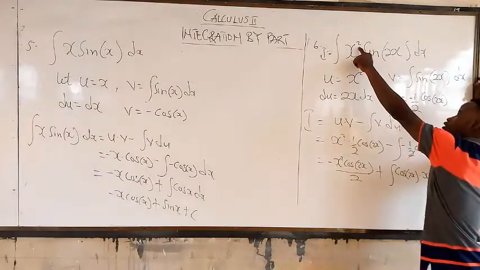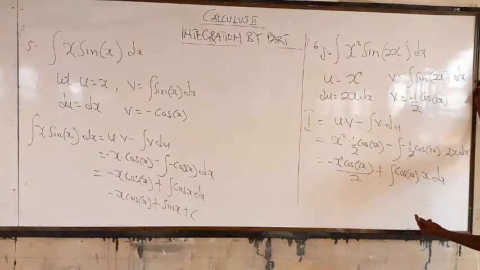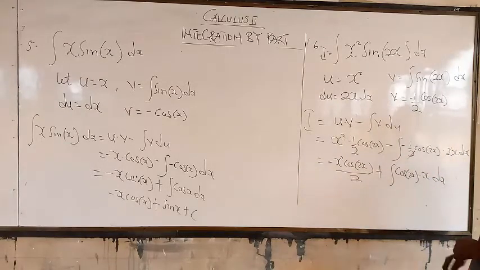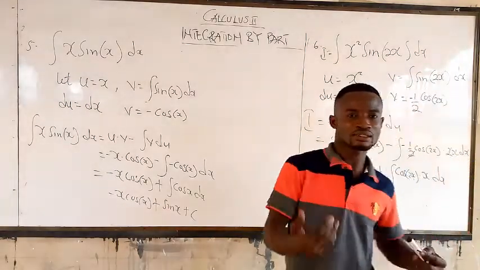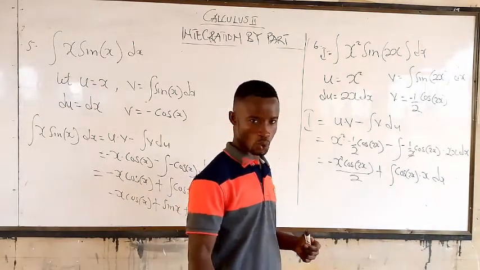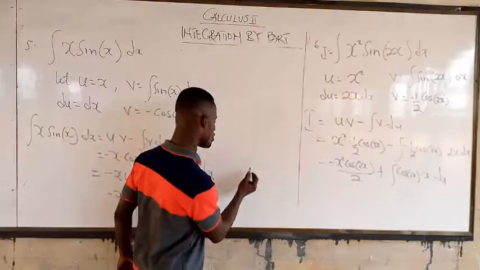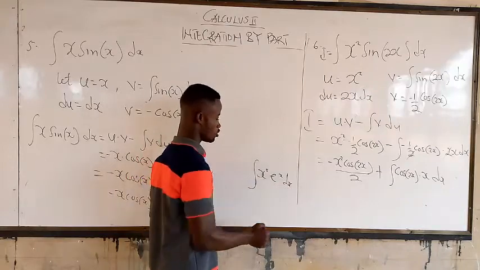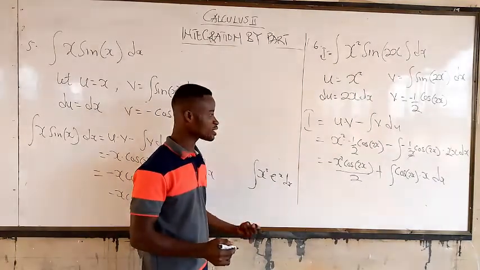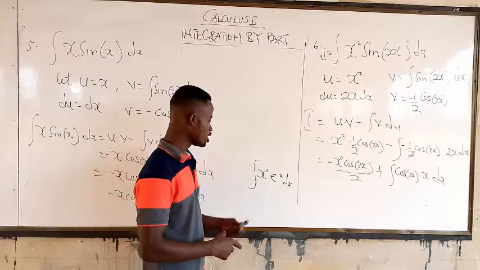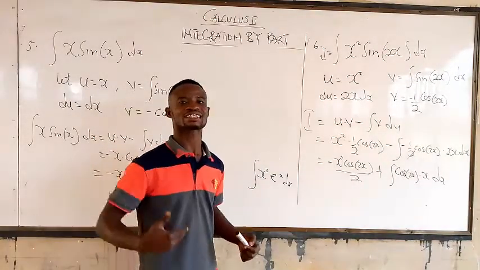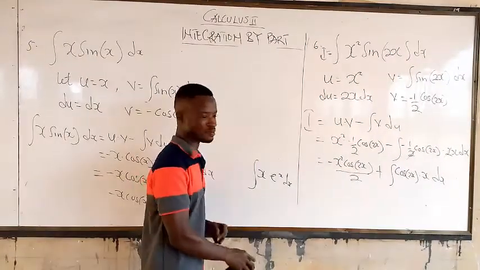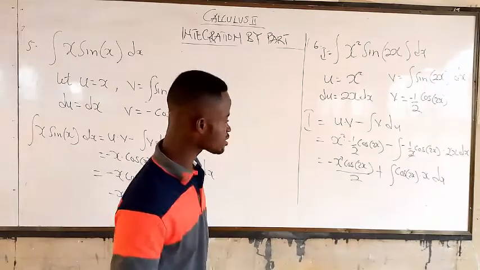You see here it was power 2, now it's power 1. That means that we need to go again. So the power determines the number of times you will go. That is why we had something like I3, where we go by parts 3 times before arriving at it. But if here is just x, we go only 1 time. Don't forget the techniques behind these things that we are doing.